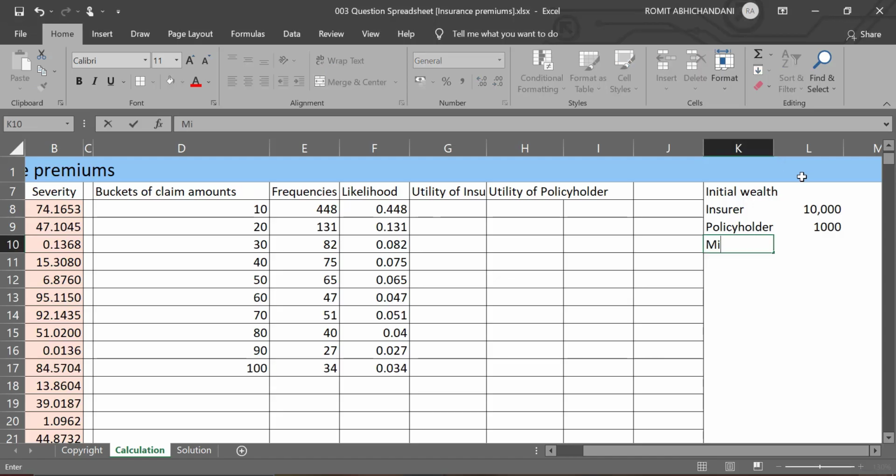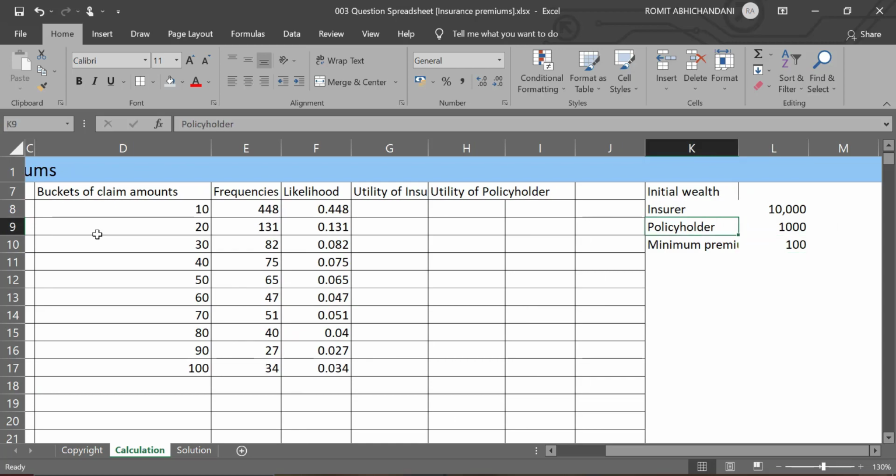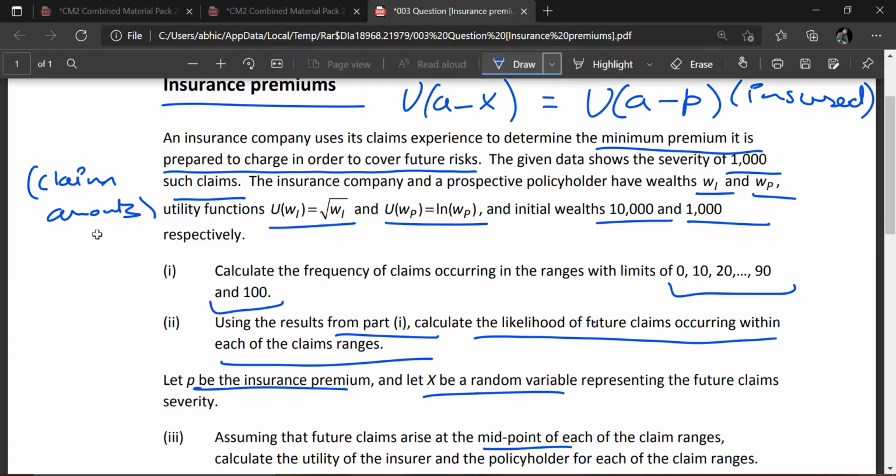So let me call the minimum premium P, and let's say it is equal to 100. That's the value I'm selecting arbitrarily. We'll goal seek it eventually to be the correct value, so you don't need to worry about it. Let's just call it P. That's fixed, so I've renamed the cell to be P.